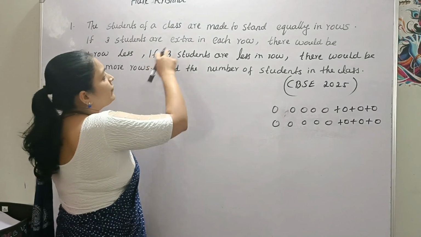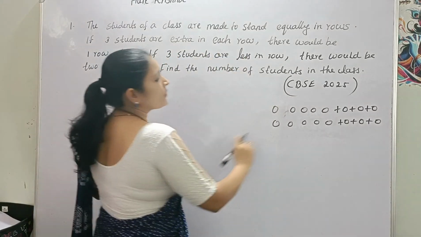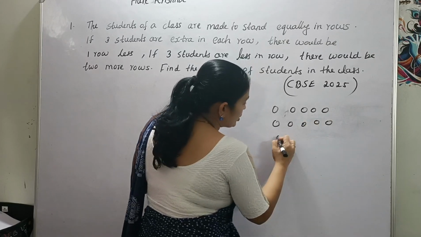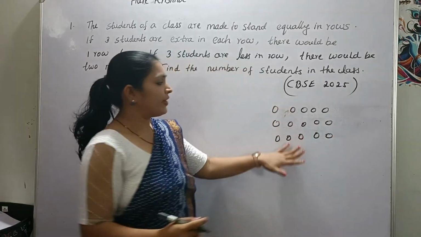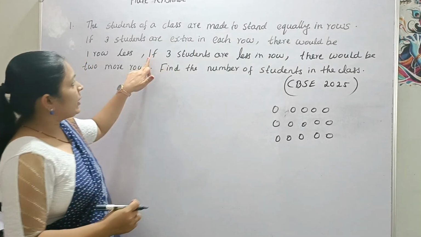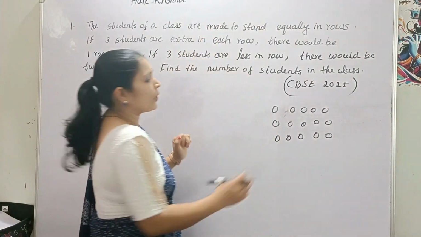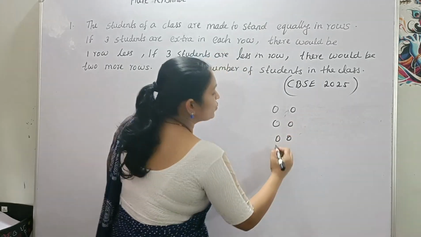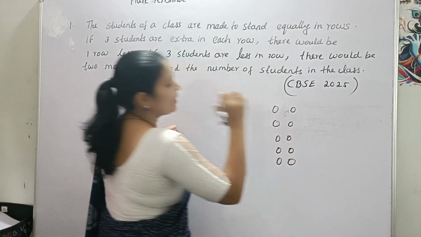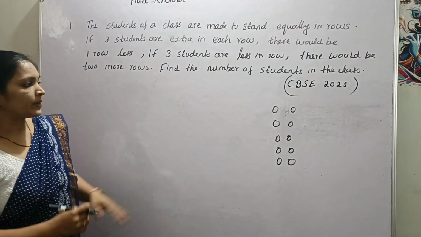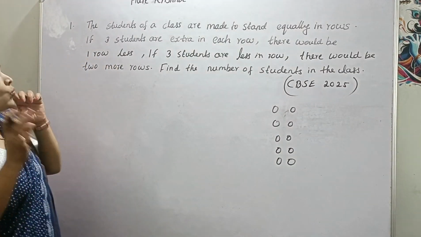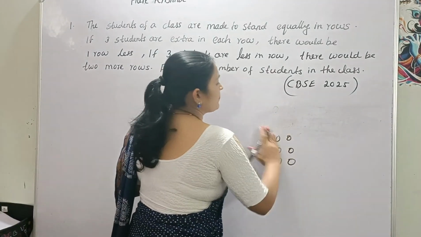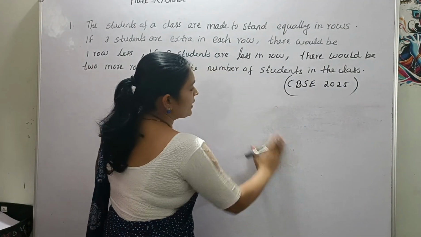I am explaining the problem. Then, if 3 students are less in a row, now initially there were 3 rows, then 2 more rows will be added. Now, what is the total number of students in the class? I hope you understood what the problem is.